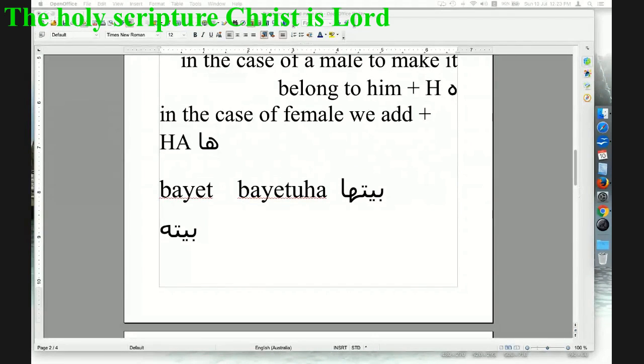We will continue with ha and ka, but in this case, in the case of many people, plural names.